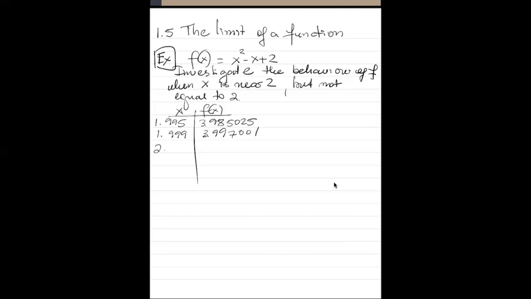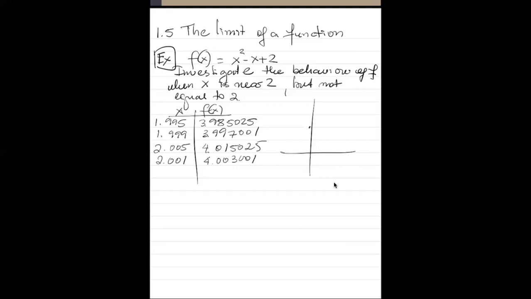And now from the right, the value is greater than 2, 2.005. The y value is 4.015025. And one more, 2.001, very close to 2, but from the right. And the y value is 4.003001.